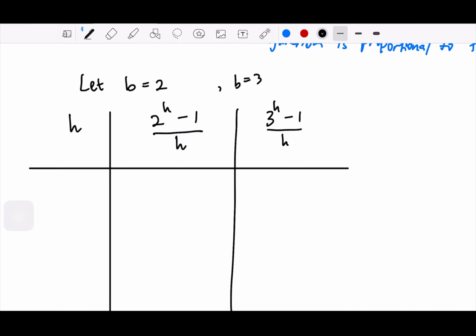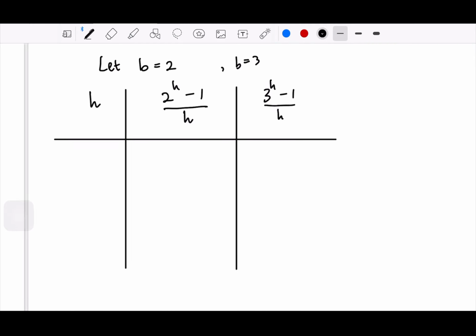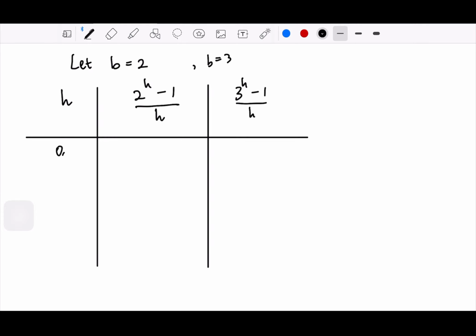If you check with a calculator, start maybe with h equal 0.1. This starts from 0.7177, this is 1.1612.